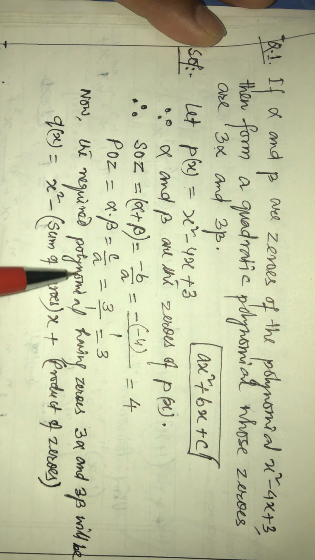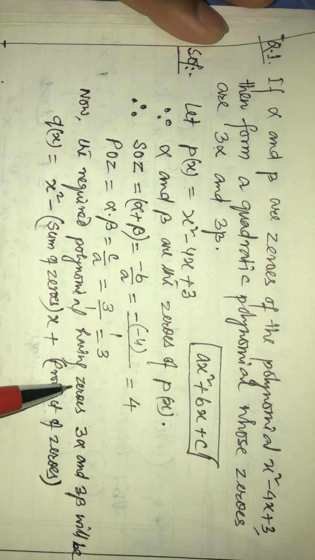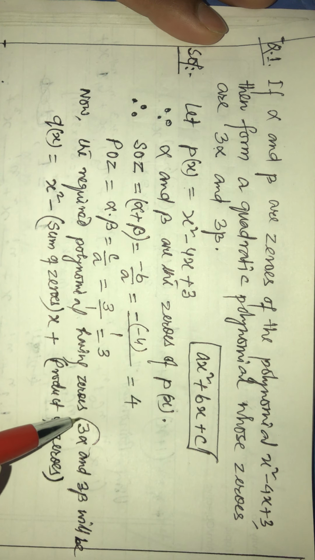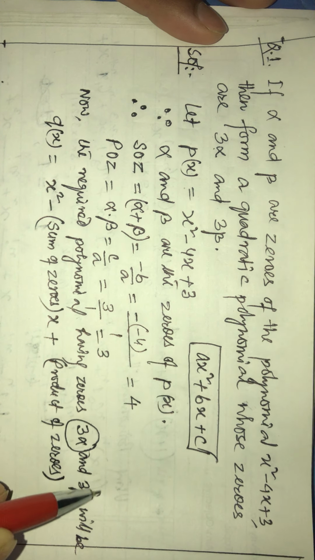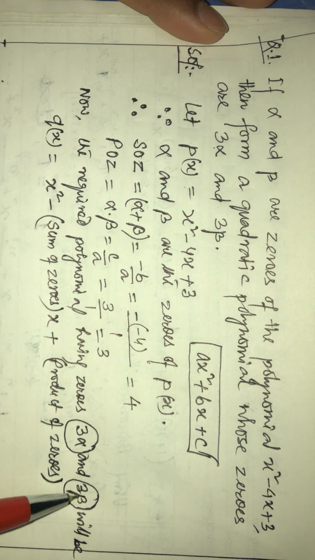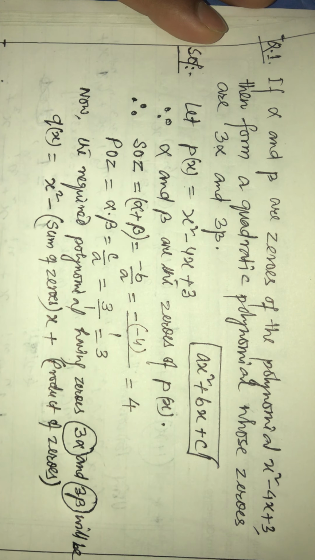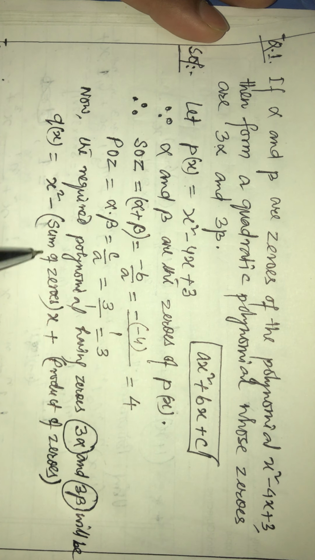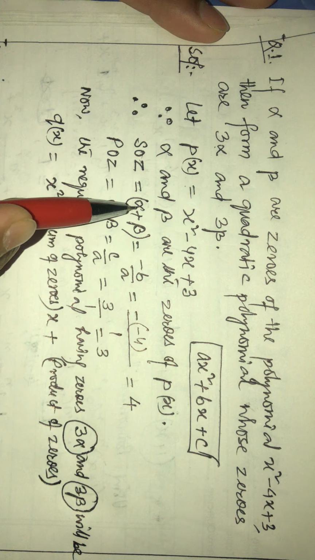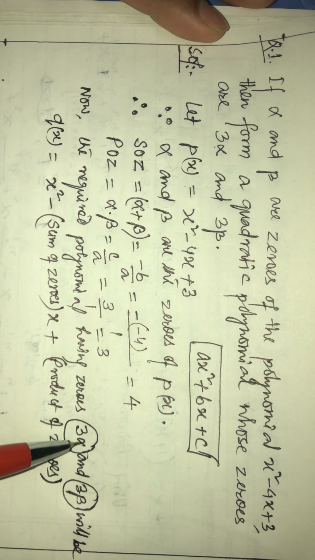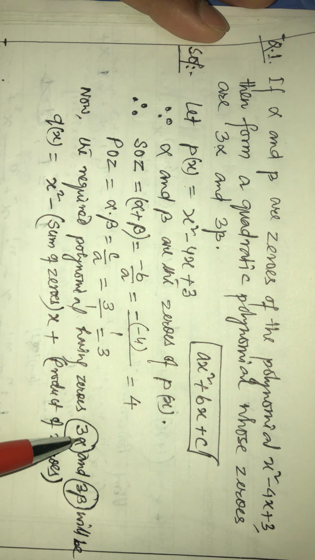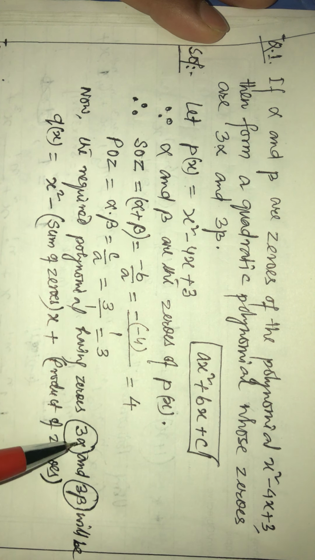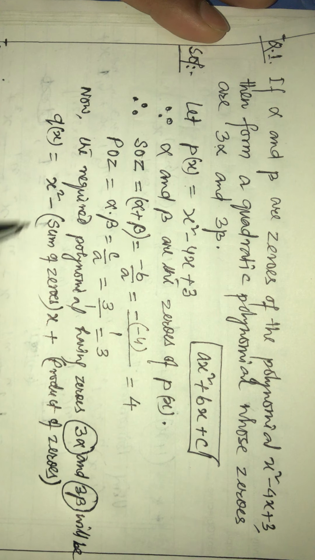Now the polynomial which we want to find, the new polynomial, its zeros are given as 3 alpha and 3 beta. So these are the zeros of the new polynomial, and we should keep this in mind. So now when I write the sum of zeros, I cannot write alpha plus beta. I need to write 3 alpha and 3 beta, because these are the zeros of the new polynomial. And similarly for the product, we only need to multiply. Okay, let's see.